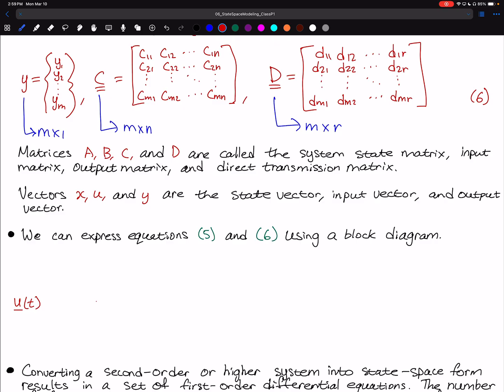We're going to put our input matrix B over here. U is going to feed into B. It's also going to feed into the direct transmission matrix D up over here.